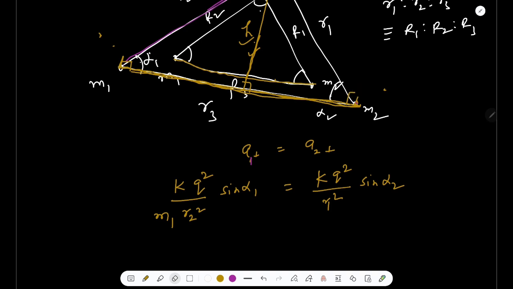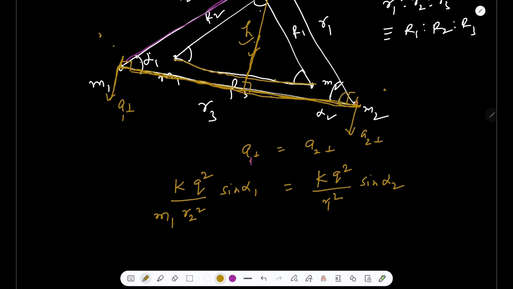I am not concerned about the components of a1 and a2 along those lines. I'm concerned about the acceleration components perpendicular to these two lines, this is a2 perpendicular and this is a1 perpendicular.